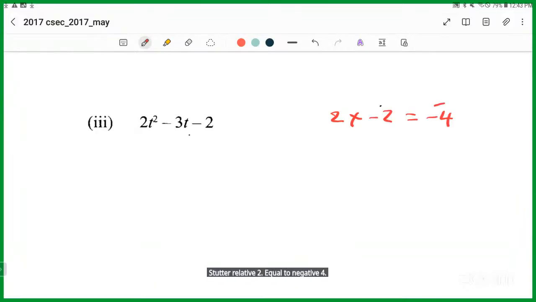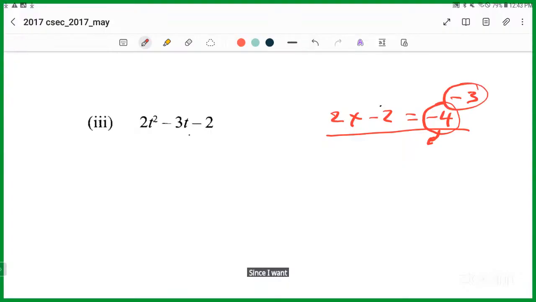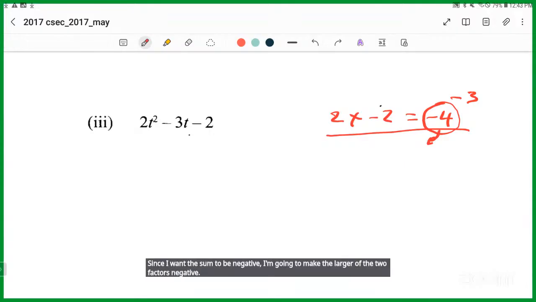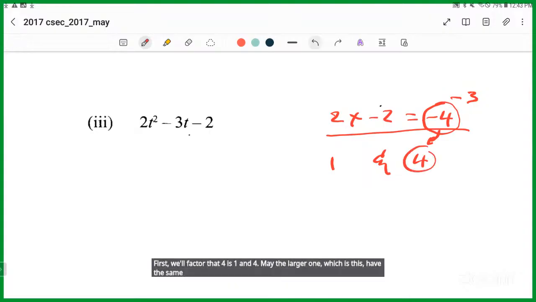I want factors of negative 4 that add to this middle term of negative 3. Let's find them down here. Since I want factors of this negative number, one will be positive and one will be negative. Since I want the sum to be negative, I'm going to make the larger of the two factors negative. The factors of 4 are 1 and 4. Make the larger one, which is this, have the same sign as that, which is minus.